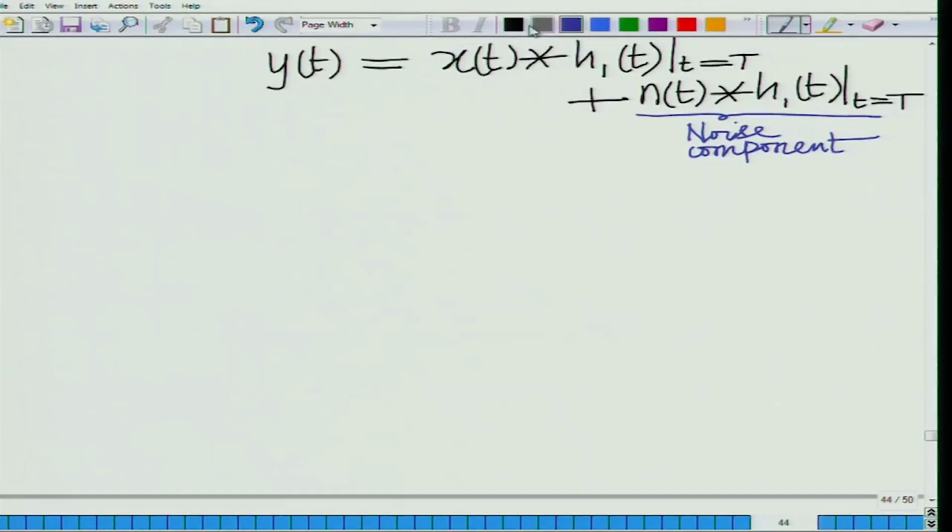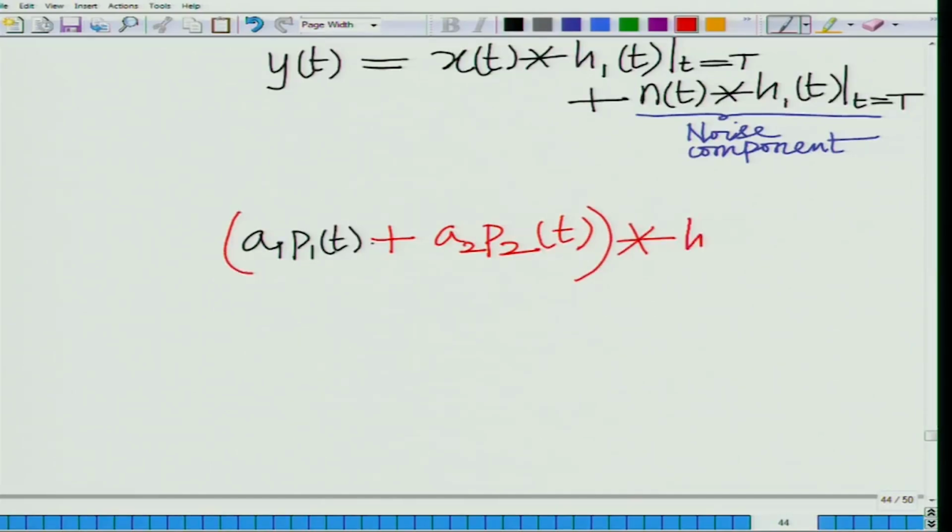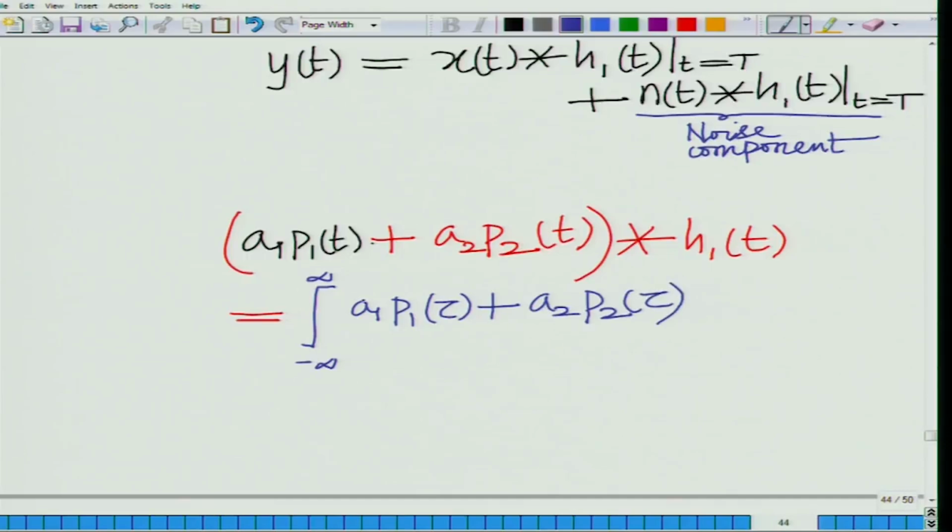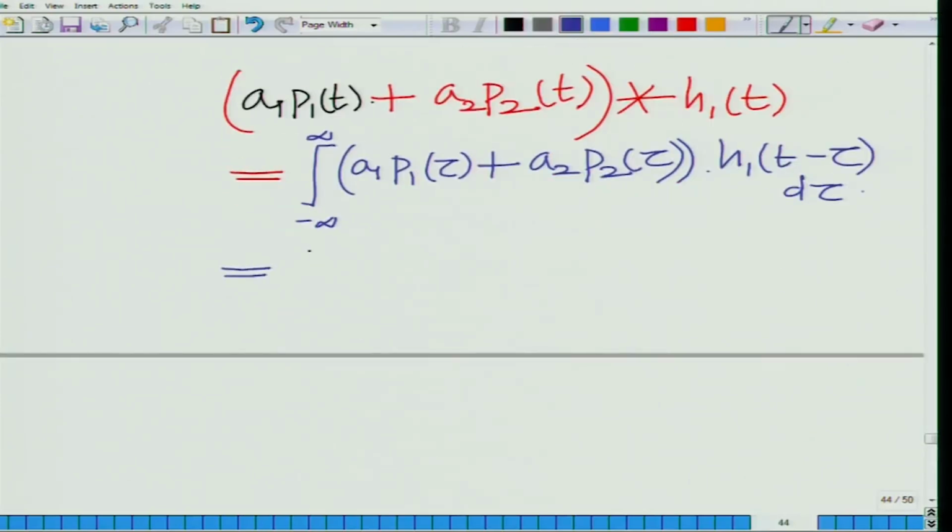Now, the signal component is given as follows. The signal component is A1 P1(t) plus A2 P2(t) convolved with h1(t), that is basically the integral from minus infinity to infinity of A1 P1(tau) plus A2 P2(tau) times h1(t minus tau) d tau, but h1(t) is P1(T minus t).